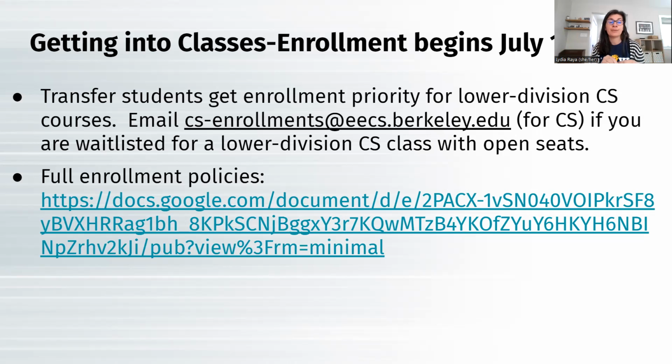For those who are not CS majors, you're going to want to try to get into 61A, and it did expand more, so hopefully there are still seats available. But you can email CS-enrollments at berkeley.edu if you have CS enrollment related questions. And then again, here are the full enrollment policies linked there.